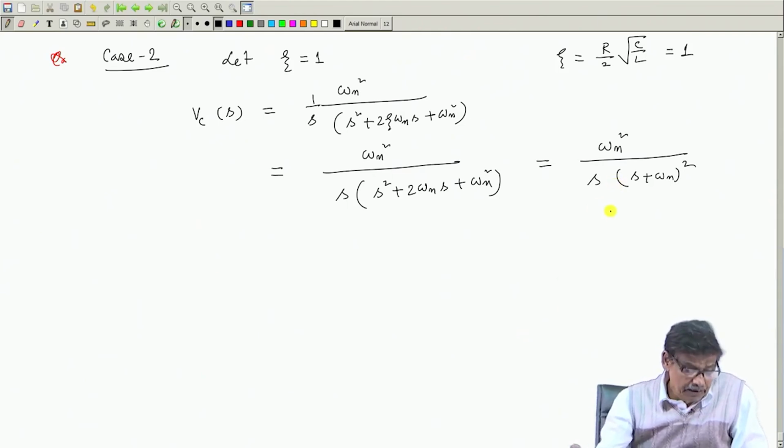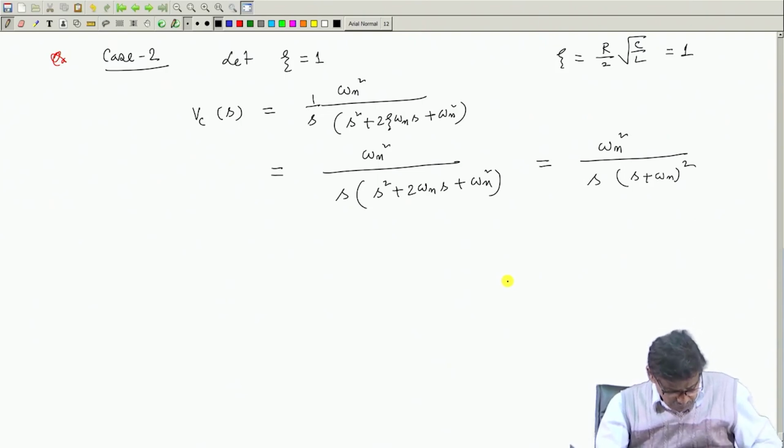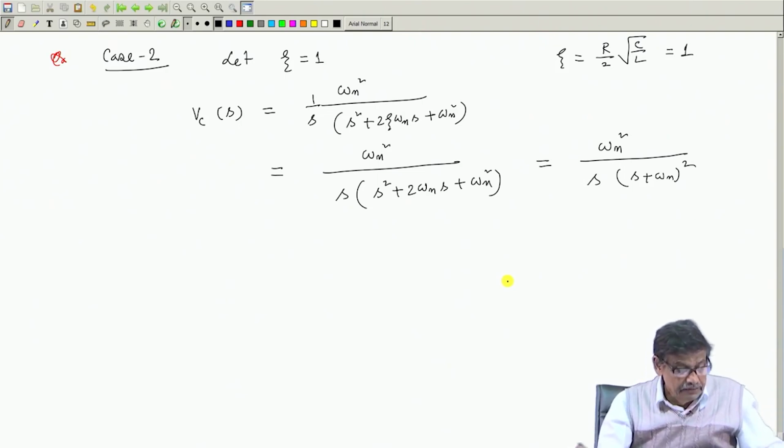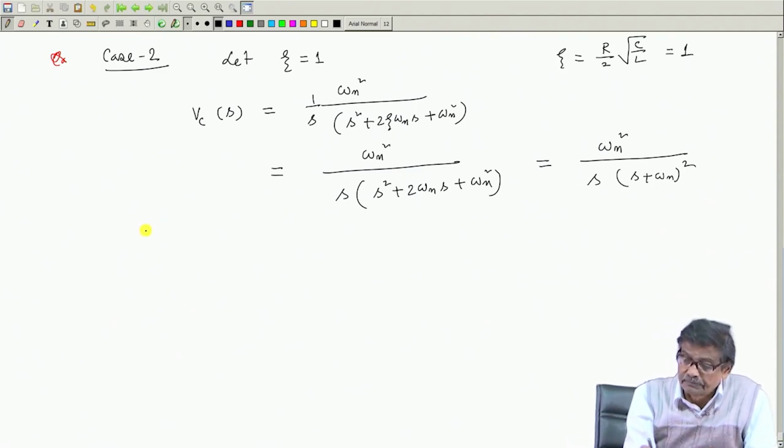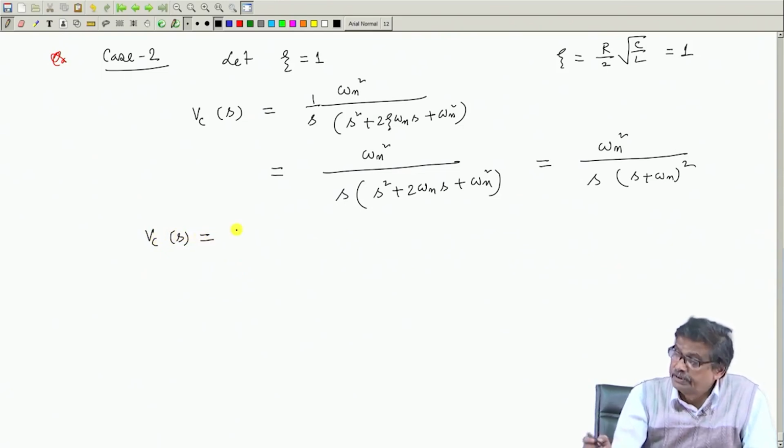This also can be manipulated rather easily in the same way as we have done earlier. So, of course, I have to find out the partial fraction expansion. Maybe if you can mentally find out, this is fine.